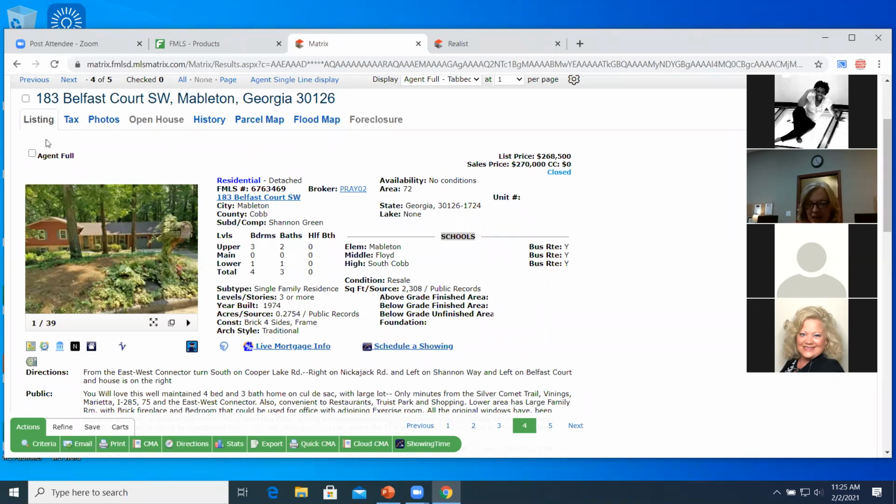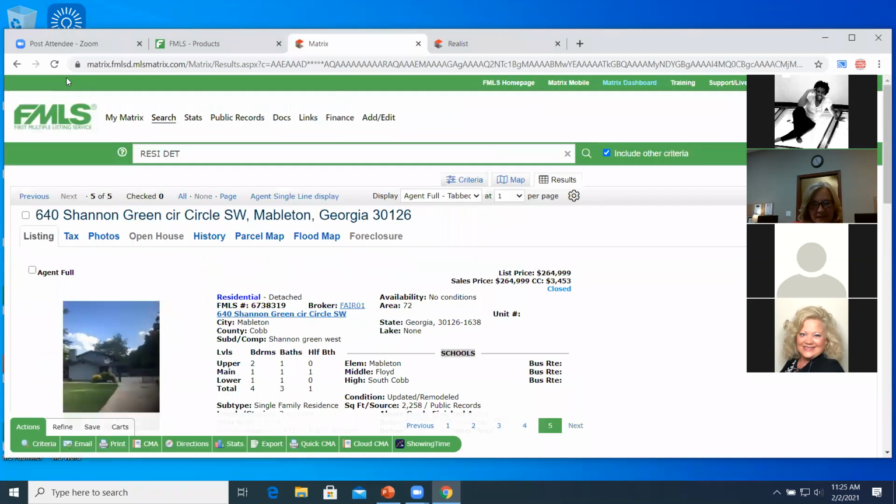Now, I may get shot out of the water here when I look at the next one. So let's see what it looks like. Because this one is also a 4.3.5. It says it has finished basement area, updated and remodeled. So let's see what it looks like.